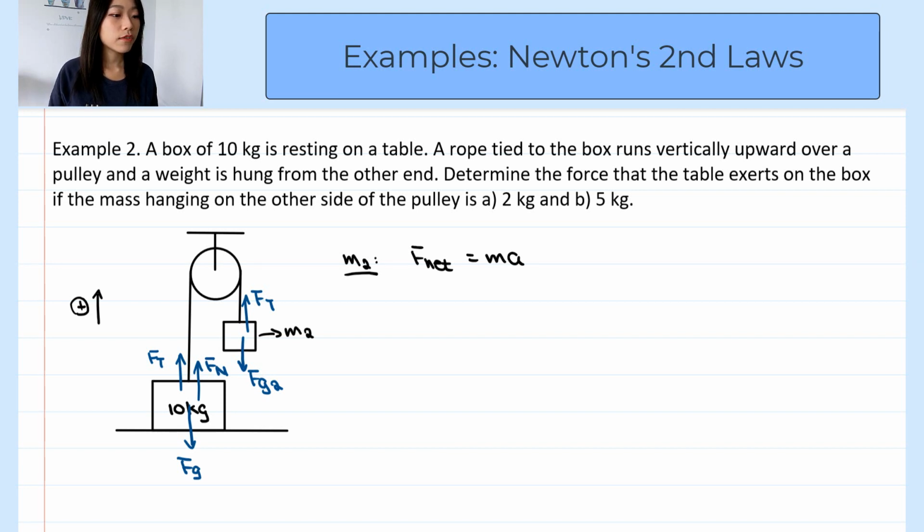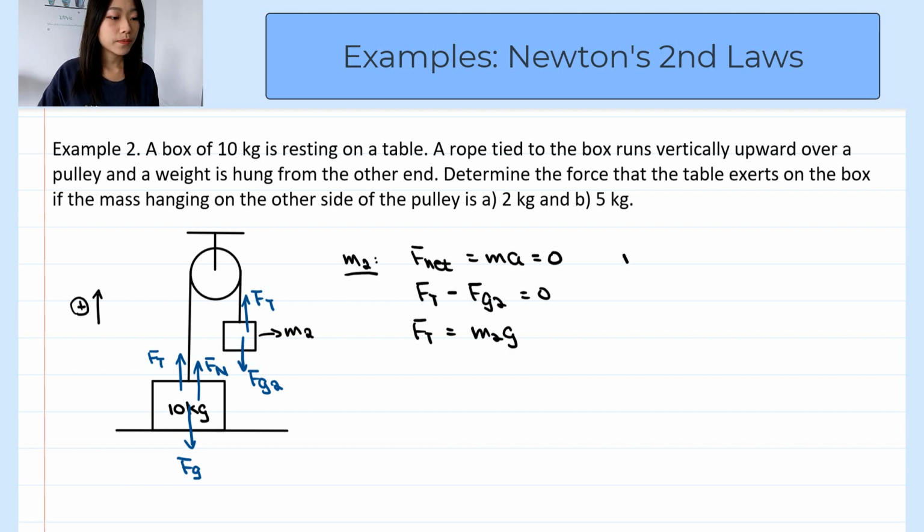And since we want to find the normal force, which means the object on the bottom is always in contact with the ground, the acceleration would be 0. And the net force is tension force minus the gravity force acting on mass 2, and this equals 0. So the tension force equals the gravity force acting on the second object, which is mass 2 times g.